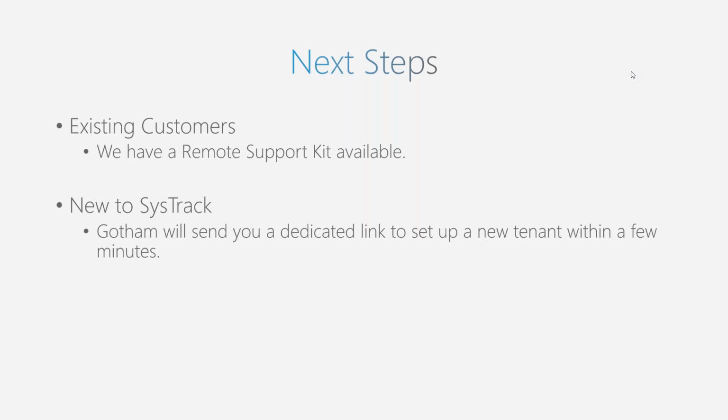Now, if you're new to SysTrack, this is again a very simple start. After this, Gotham will be sending out a dedicated link. All you need to do is authenticate with Active Directory. You sign in, and then it will spin up a dedicated secure tenant specifically for you.